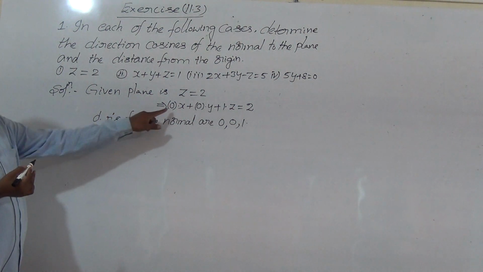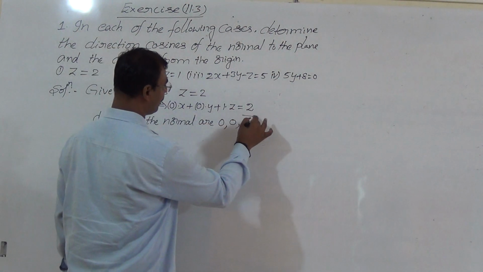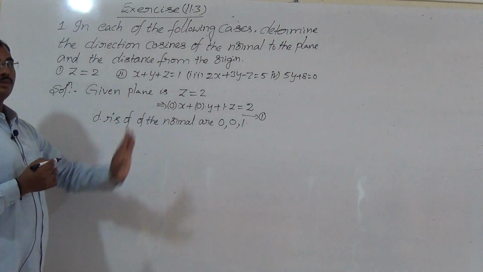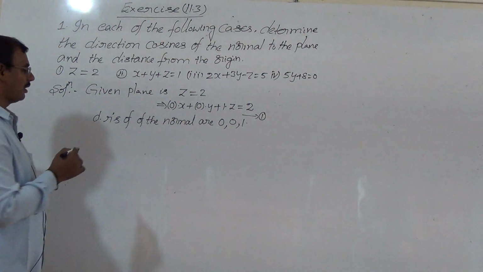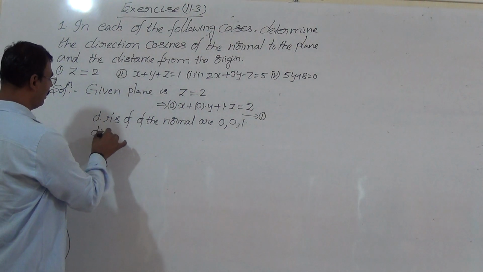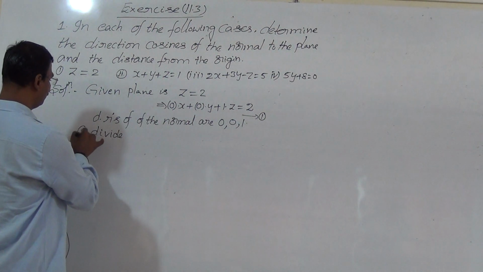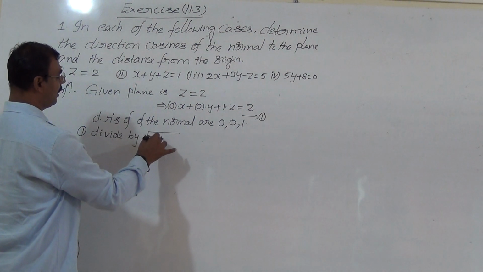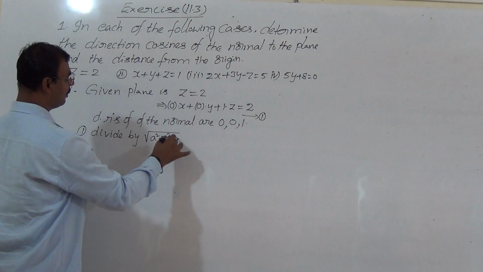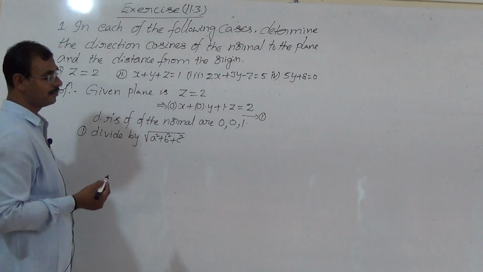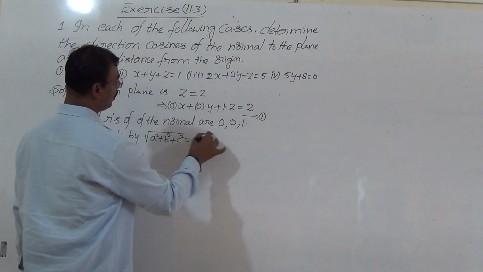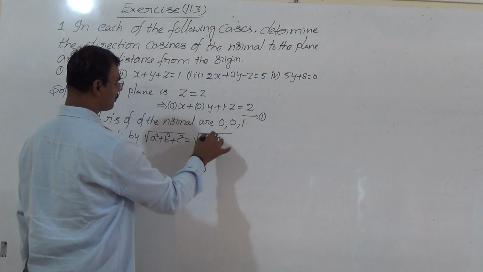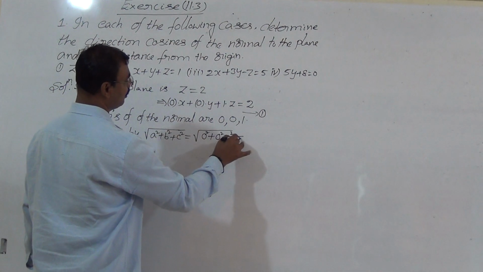Here, call this equation 1. Divide by the square root of a square plus b square plus c square. So we find the square root of 0 square plus 0 square plus 1 square, which will be 1.